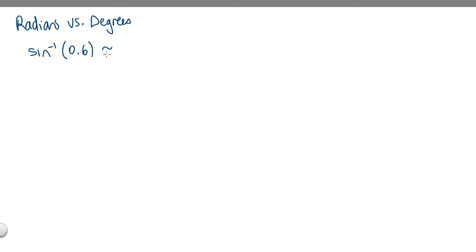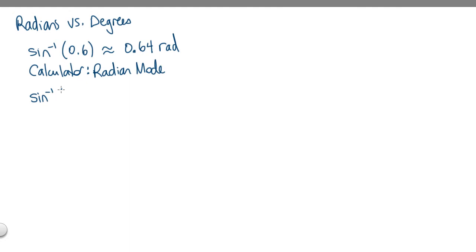We could try this on our calculator. And if our calculator is in radian mode, then our answer is going to be in radians. You can check that it comes out to about 0.64 radians for our angle. And if we had instead been in degree mode, we would have gotten a slightly different looking answer.